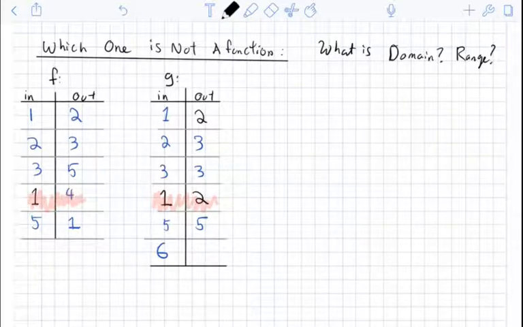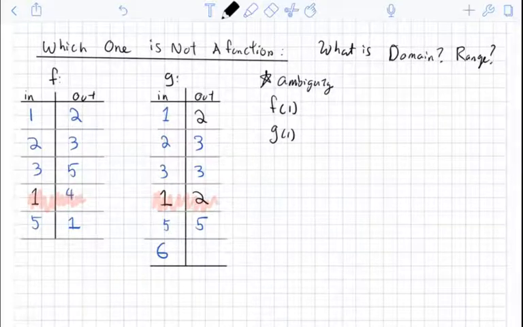Well, we mentioned before that the cardinal issue is one of ambiguity. If I enter f is equal to 1, or g is equal to 1 for the repeated one, what do I get out? For f, the answer is either 2 or 4.